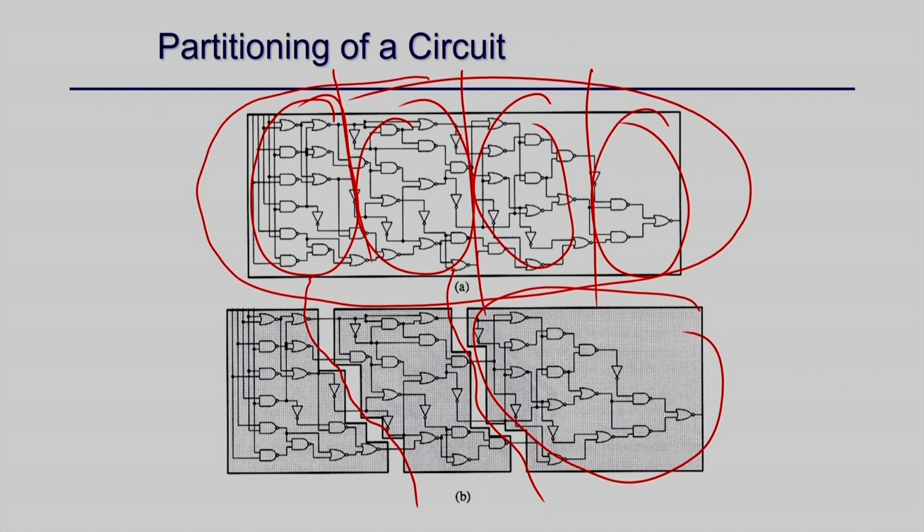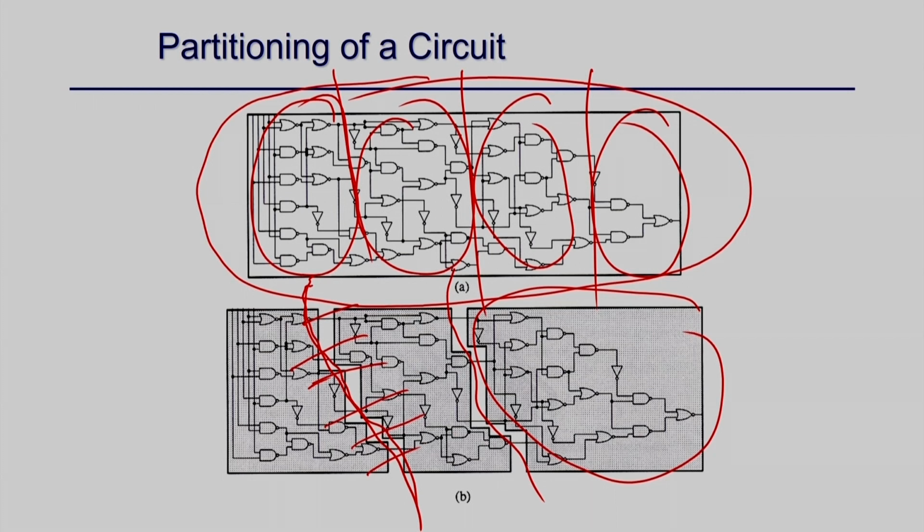We have to partition, and what we have to take care of here is the number of wires crossing this cut, right? If you make a partition here, we have to identify how many wires are crossing, because those wires have to be routed later, right?